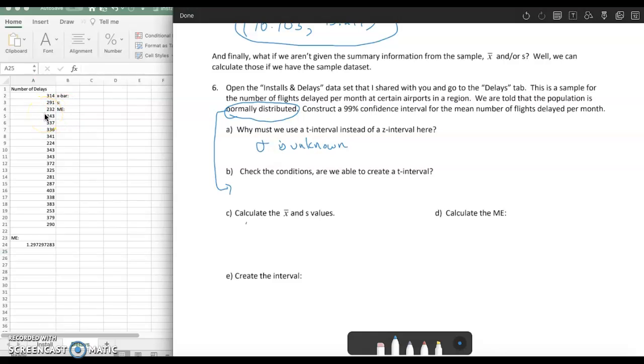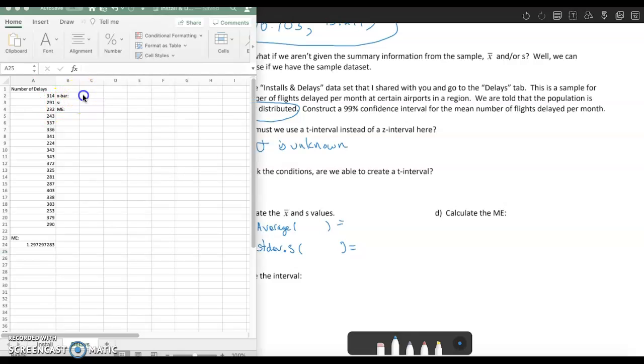So in order to calculate X bar, again, I'm going to use that average function, and I'm going to see what Excel gives me. And in order to find the standard deviation, S, I'm going to use STDEV for standard deviation. And notice this is a sample, so I'm going to use the .s version. And I'm going to see what Excel gives me.